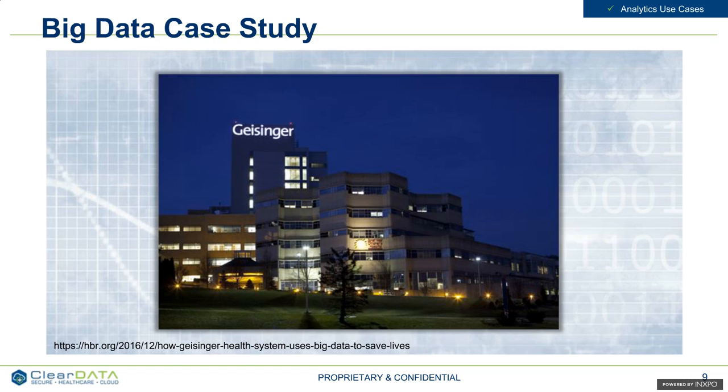Before we talk about the conclusion of John's treatment, I want to talk to you about a hospital that I think has done some amazing work in the analytics space. Geisinger, many of you are familiar with Geisinger out of Pennsylvania.